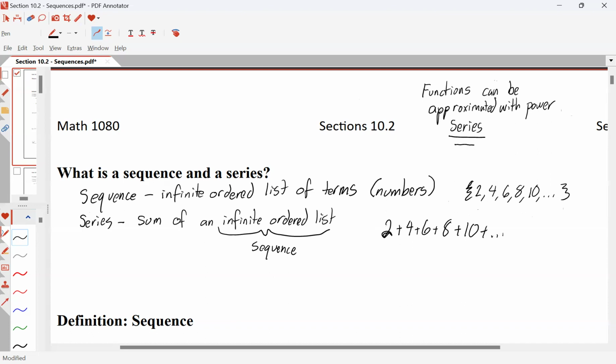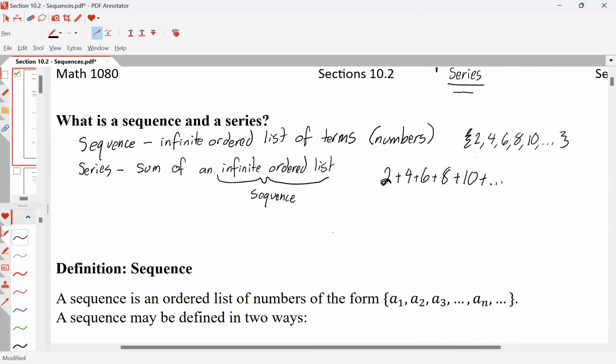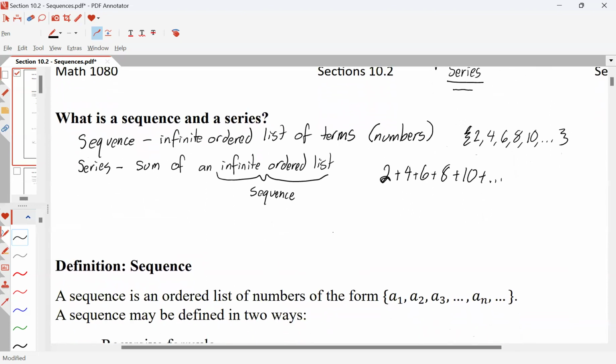But we will continue talking about that idea of convergence and divergence for series in the next sections. But today, and in these videos, we're focusing on specifically sequences. So again, back to what is that sequence? As already defined, it is an ordered list of numbers.